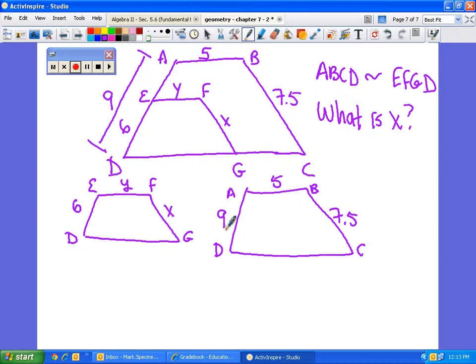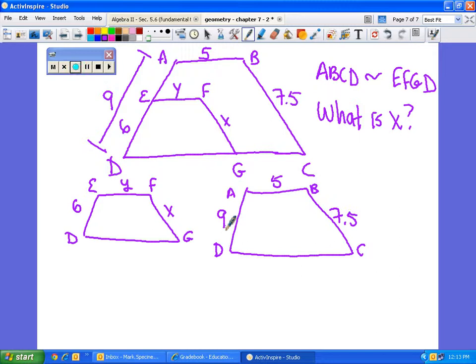I separated the shapes so that I can more easily see which side goes with which, because I'm already told that they are similar. So when I go to make my proportion, it's easier for me to see which side goes with which side.